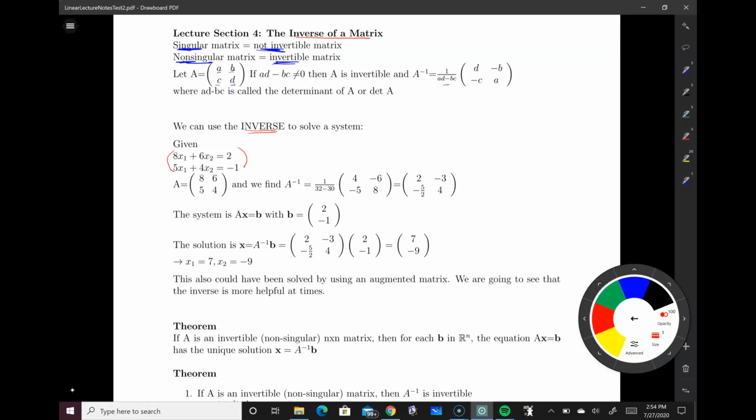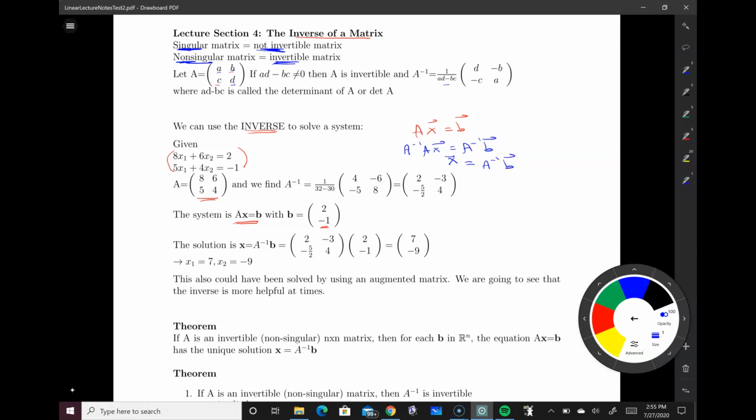So if I have AX equal B, the matrix A, and here's B. What I'm going to do is find A inverse and multiply on the left on both sides. Then the vector X will equal A inverse B. All right, so here's my A.